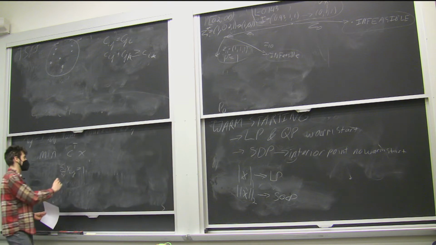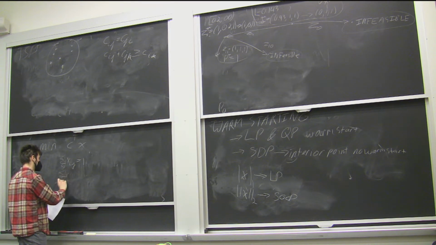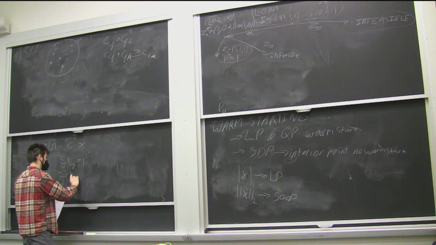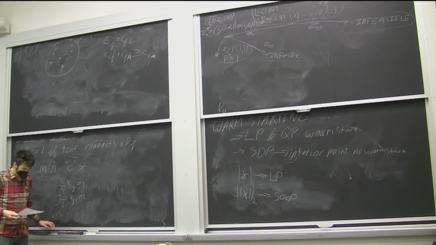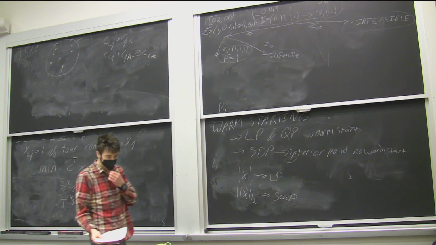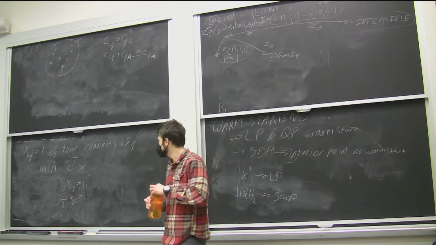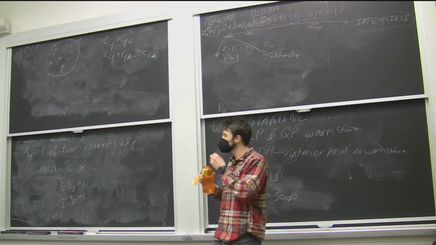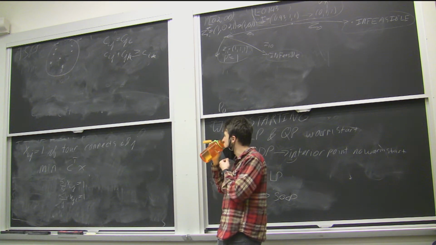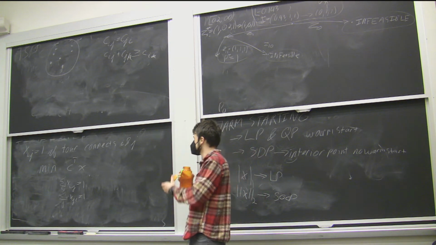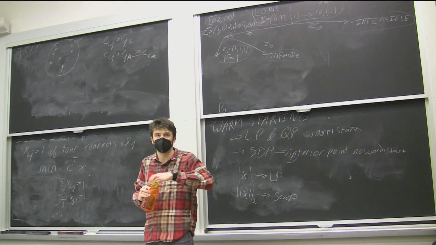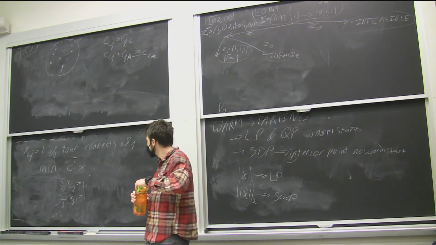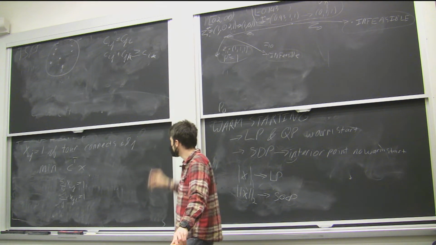And I also want to enter every city once. Okay, so now I have some mixed integer, not even mixed integer, just integer program, integer program I can solve using a branch and bound solver and solving a bunch of these, et cetera, et cetera.